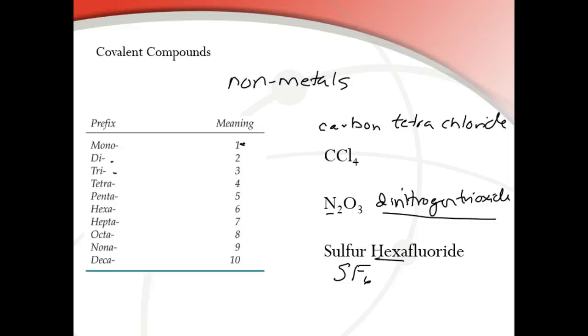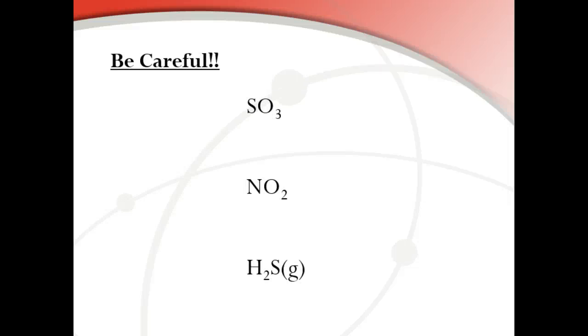Now, there's a couple of things that result from these covalent compounds that you really have to be careful of. So I've got in the next slide a couple of things that students usually miss. Here are 3 compounds that you might have difficulty naming. This is SO3. Now, you might think at first this is sulfite, SO3 2 minus. But notice we don't have the charge, so it's not an ion.